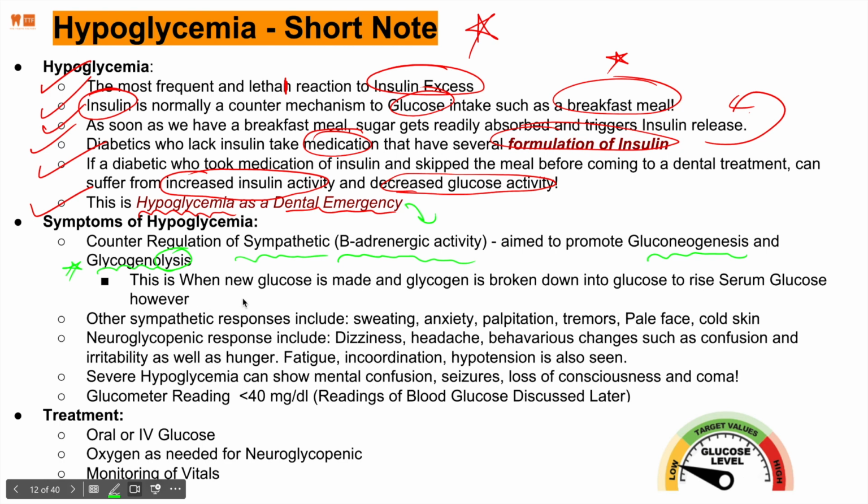This is when new glucose is made and glycogen is broken down into glucose to raise the serum glucose levels. Other sympathetic responses include sweating, anxiety, palpitation, tremors, pale face, cold skin. These are symptoms and signs that we can see in a hypoglycemic patient.